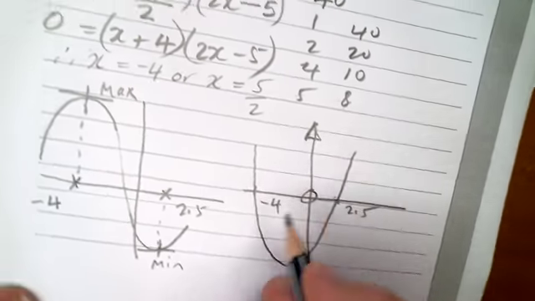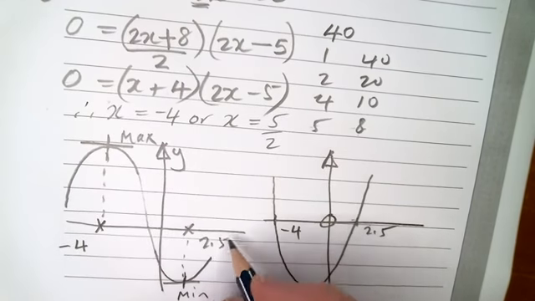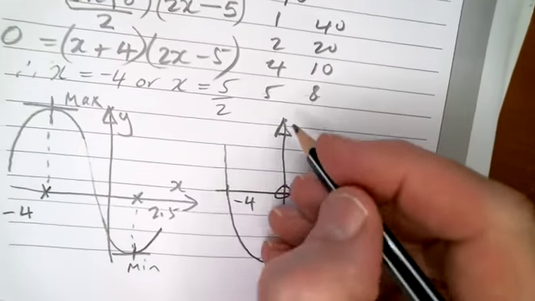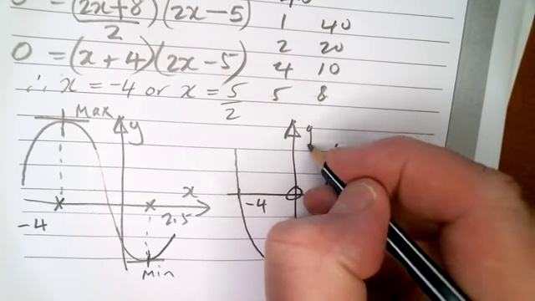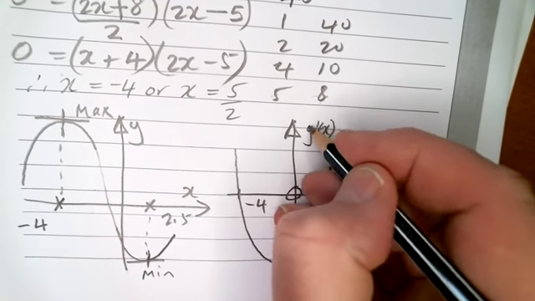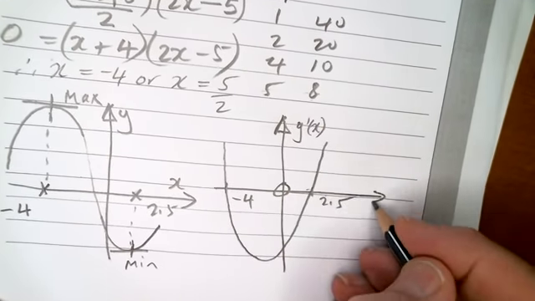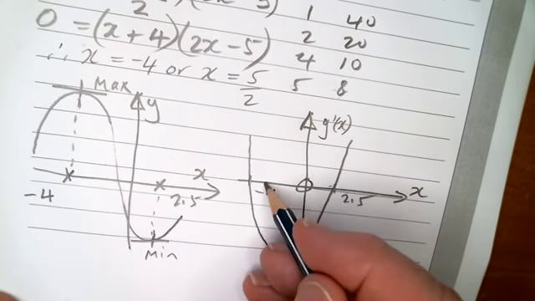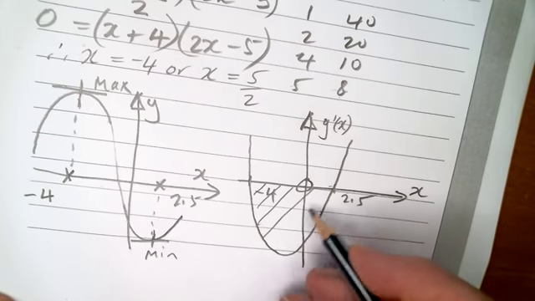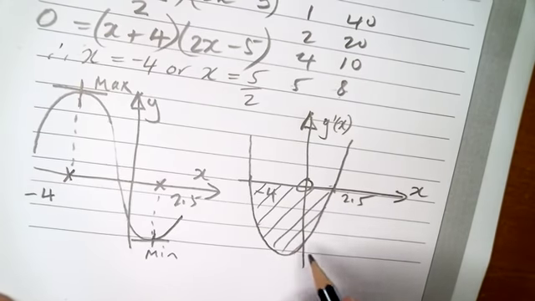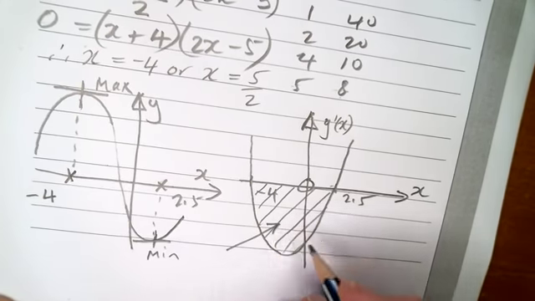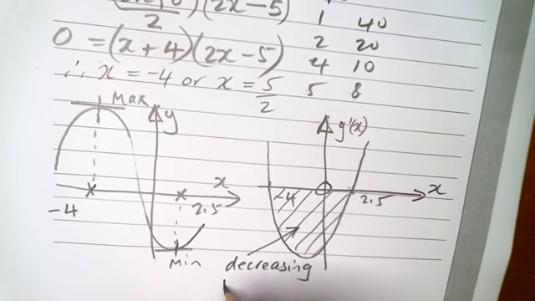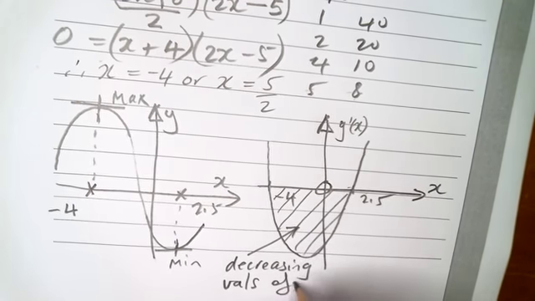And this time we're no longer doing x versus y. This is, if you like, g of x, or say g dash x. This is our gradient function versus x. So now what we're looking at is whenever we have the values that are below the x-axis, this represents decreasing values of x.